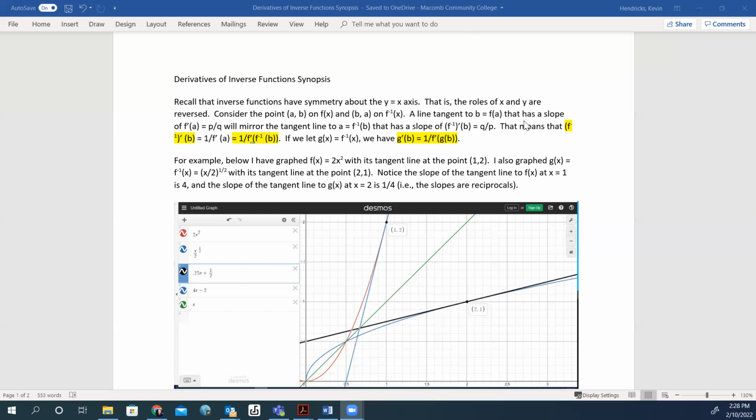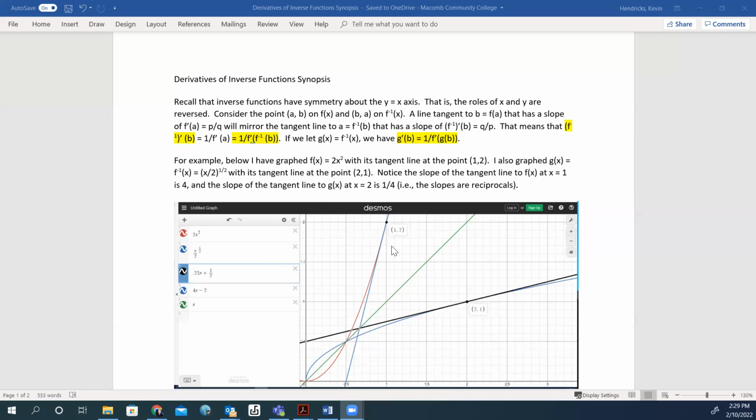The tangent line to that curve will have some slope. So f prime of A will have some slope, which in general we're just going to call P over Q, the change in y over the change in x.